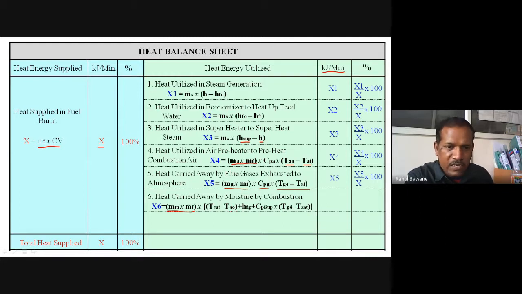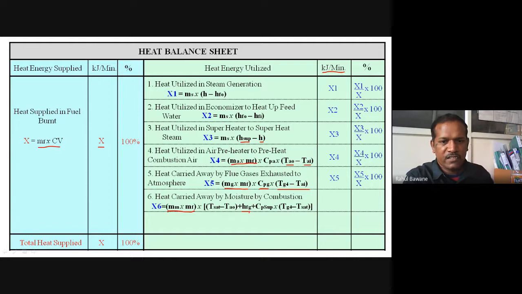Which air? Outlet from the air preheater, because we are not directly supplying air to the combustion chamber. We are supplying the outlet of the air preheater, preheated air, to the combustion chamber. So T saturation minus T outlet of air plus HFG. What is HFG? HFG is the enthalpy of wet steam.